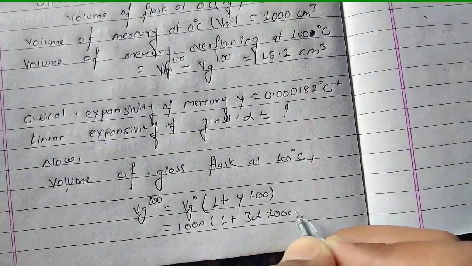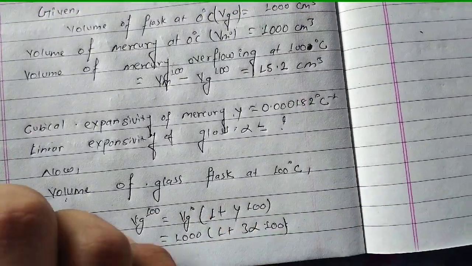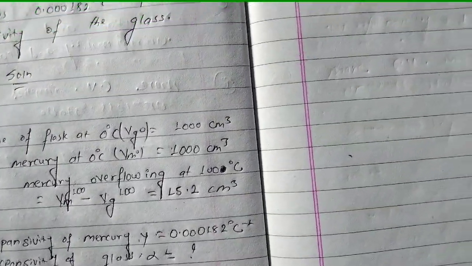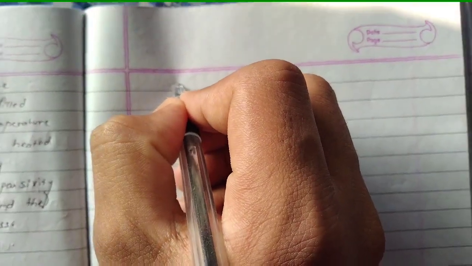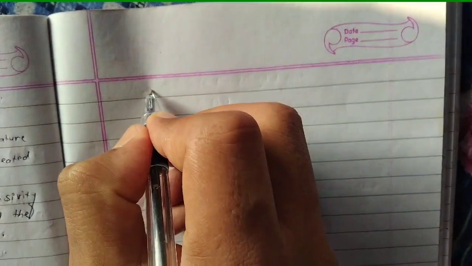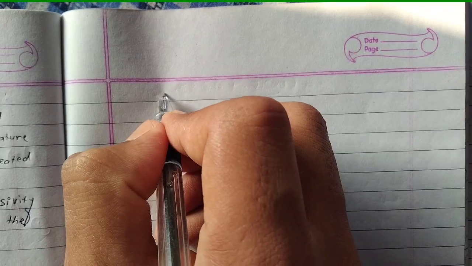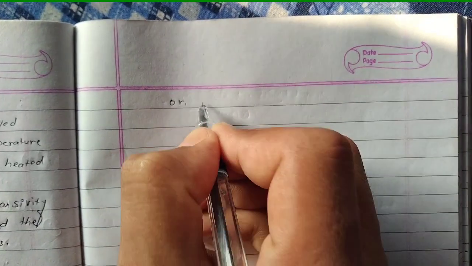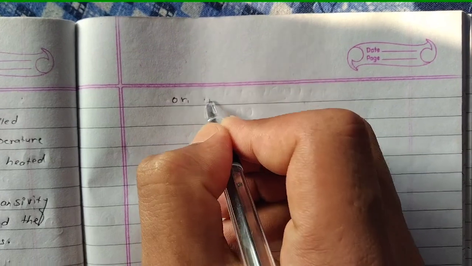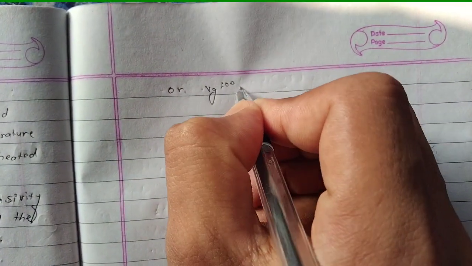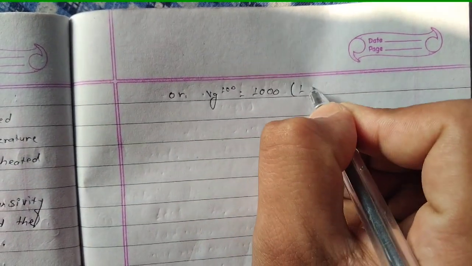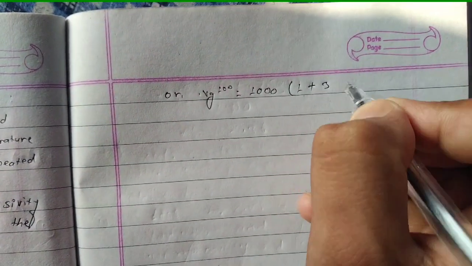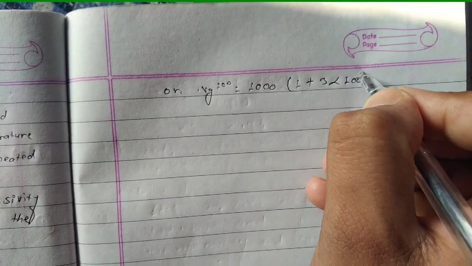Here the relation between alpha and gamma is 3 alpha equal to gamma. So Vg100 equal to 1000 into 1 plus 3 alpha into 100.